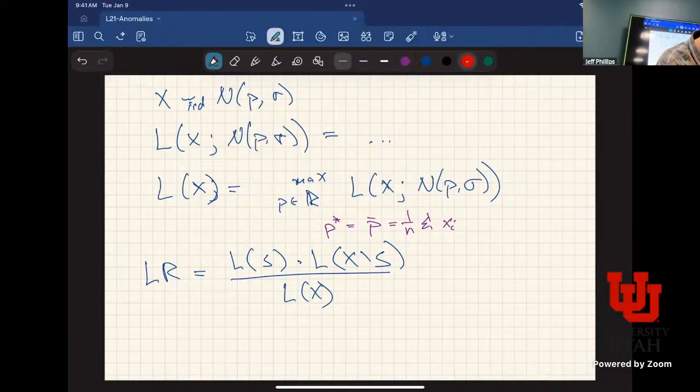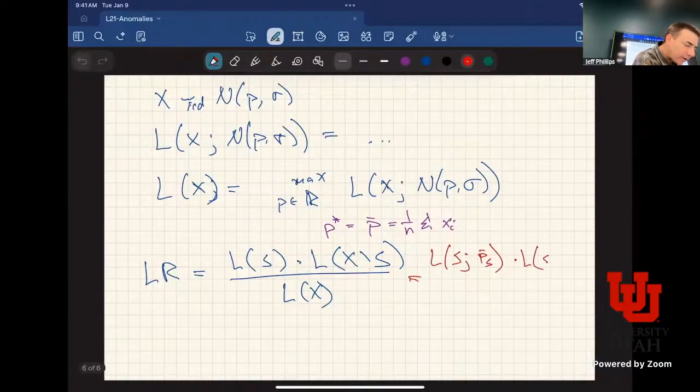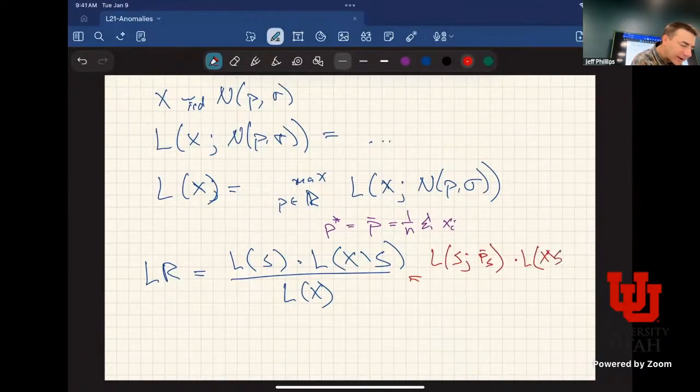So this is now equal to the likelihood of S with P bar of S, times the likelihood of X minus S, everything outside the anomaly, with P bar of X minus S, divided by the likelihood of X with parameter P bar for everything.